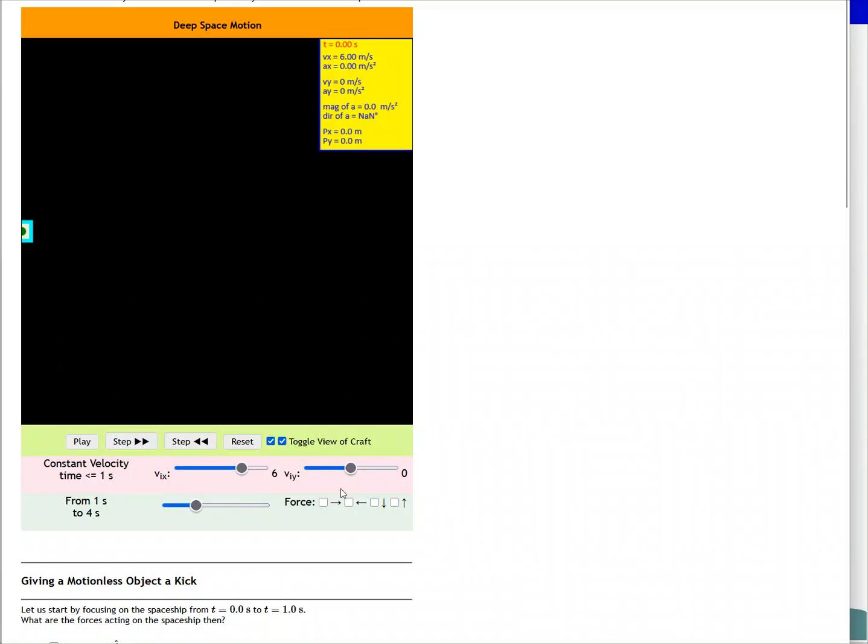Okay. Now, I'm not going to act with any force, so I'm going to play. And you see here we have our two aircrafts moving at different speeds, accelerations. They have different motion. We can toggle these to see only one of them. Or the other.